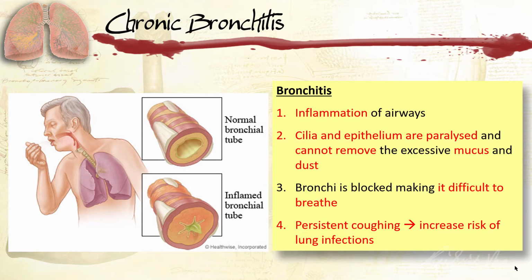As a result, our body will try to remove the mucus by making us cough. And this persistent coughing can increase the risk of lung infection as well as cause the cells along the lining to die, because coughing, this kind of violent vibration as well as muscle contraction, is very damaging to our cells.